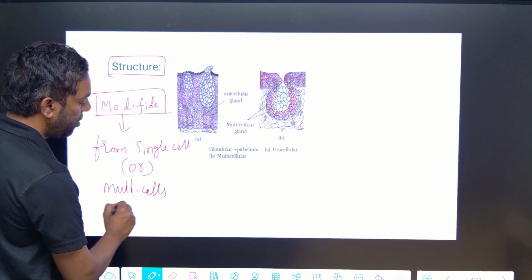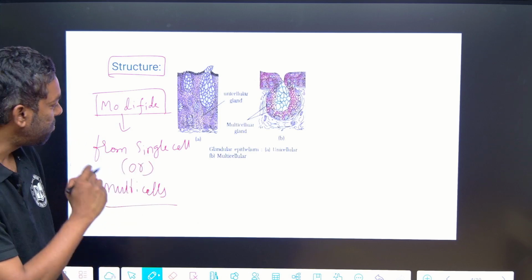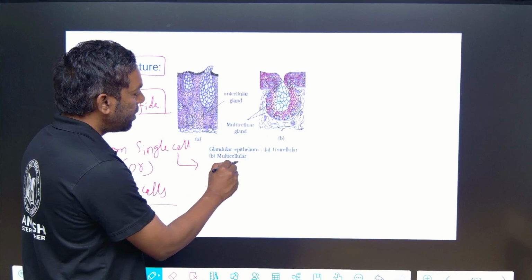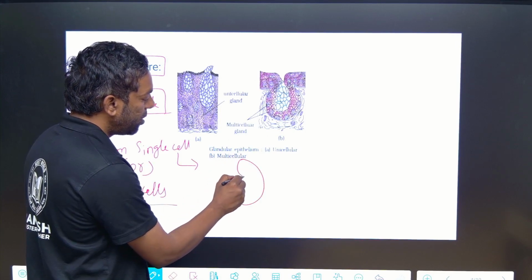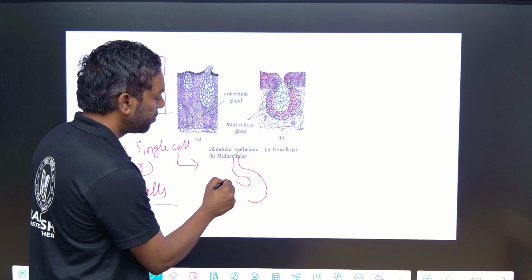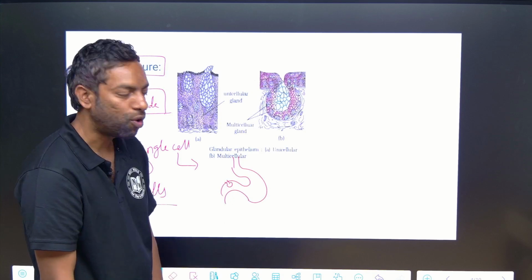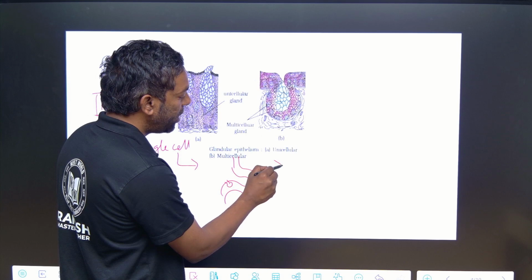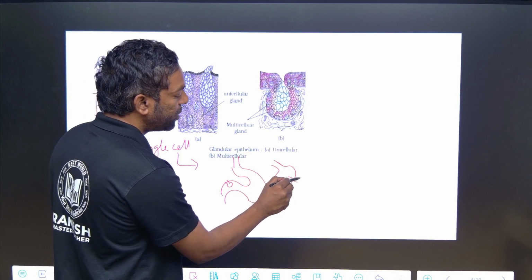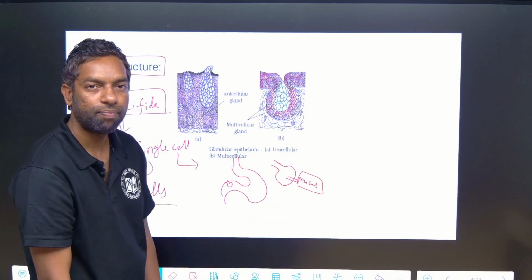For a single cell, in the stomach there are goblet cells. One cell can modify into a goblet cell and secrete mucus. This is the single cell.